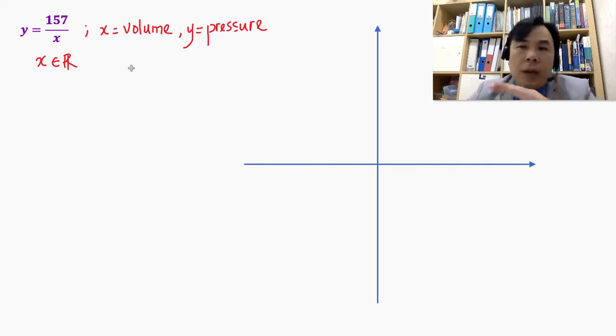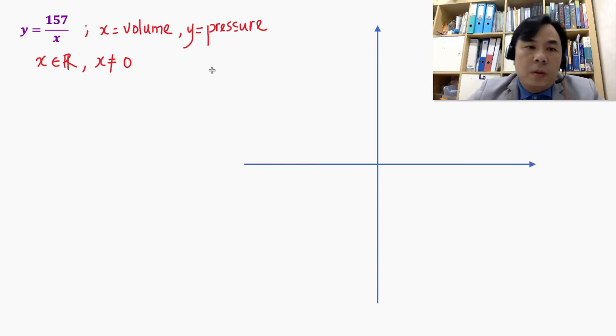So it can be any real number except x equal to 0. This will be the domain for this function. I hope that's clear.